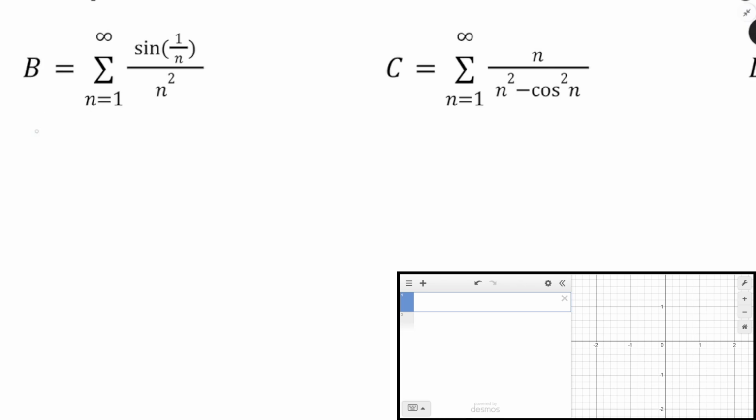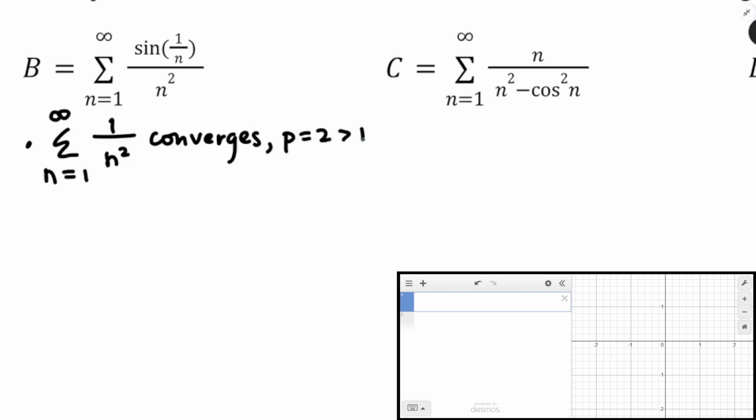And what I'm going to do is directly compare this one to the p-series with p equals 2, which is greater than 1. Then I'm going to do the comparison.